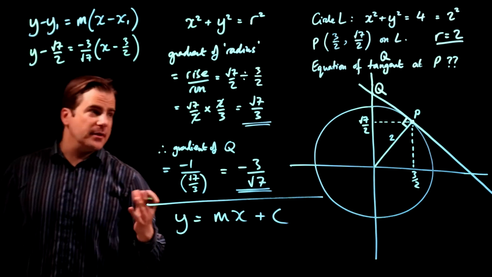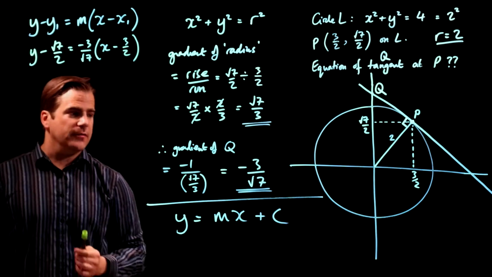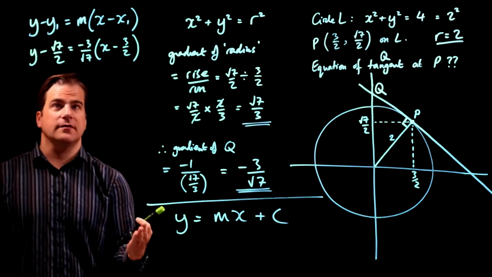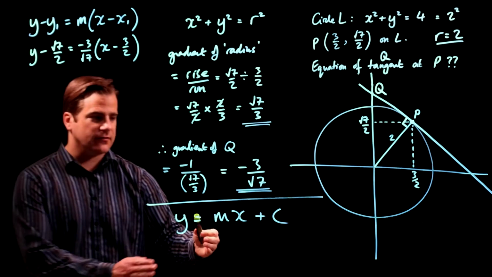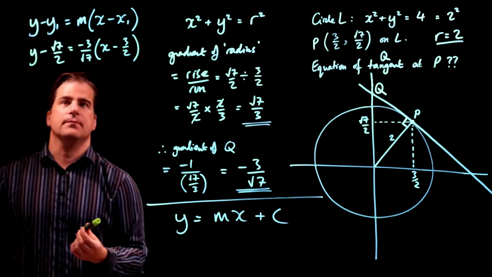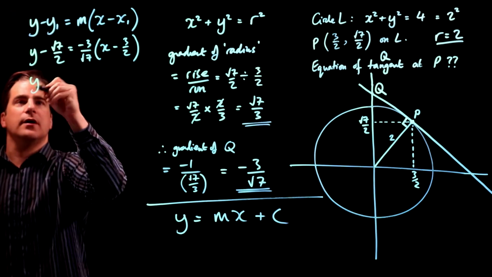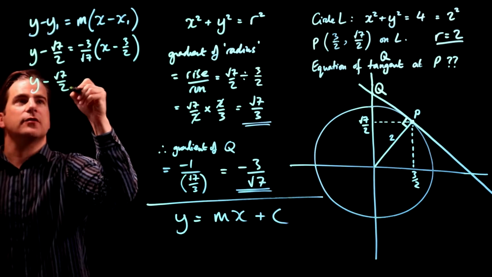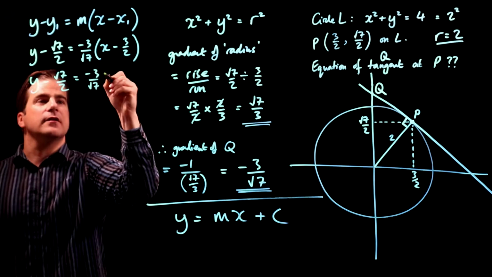Okay, good. We've pretty much done it. We've just got to rearrange that to make it look nice. You should leave your answer in the form y equals mx plus c when you're asked for the equation of a straight line. So let's multiply this out. We get y minus root 7 over 2 equals minus 3 over root 7 x.